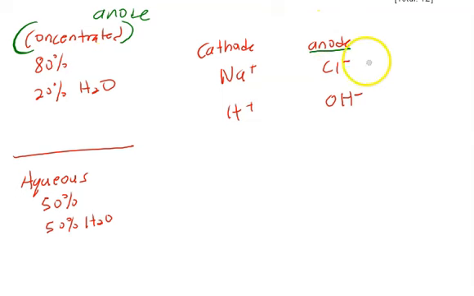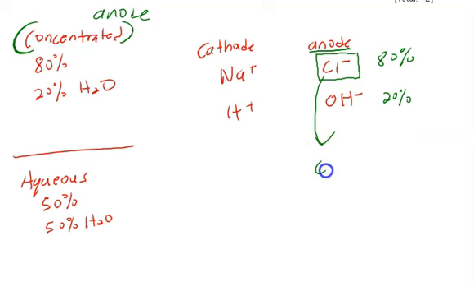And remember, 80% of the solution contains chloride ions, however another 20% is hydroxide. So since the percentage of hydroxide is lesser, the chance of chloride ions getting discharged is much higher. So at the anode, you will have chlorine gas.